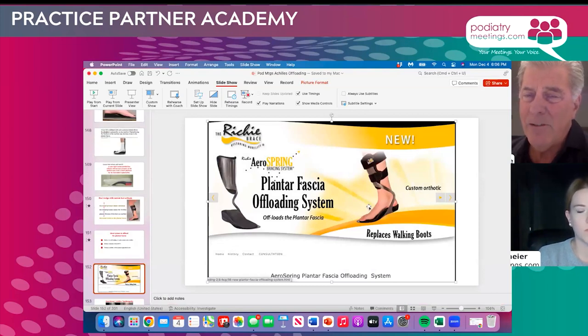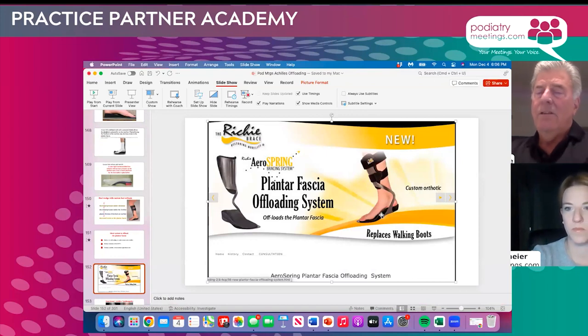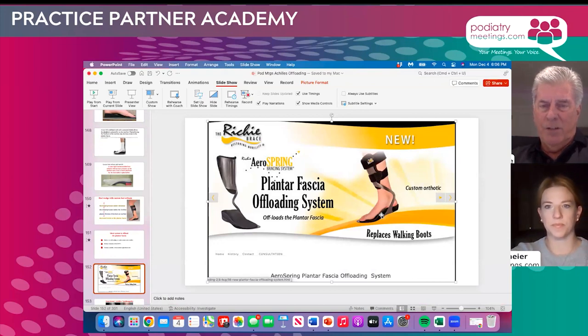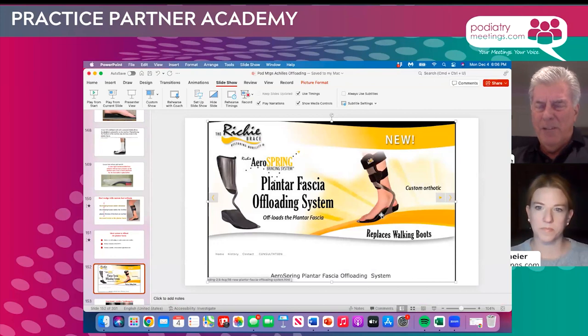About half of the patients who come in with heel pain bad enough that you're going to put them in this system. Obviously, you're not going to put them in this system when they have early onset of plantar heel pain. This is a $1,200 system. You're using this for the patient that's had 6 months to a year of heel pain. The chances are they already have a foot orthotic, and that's fine.